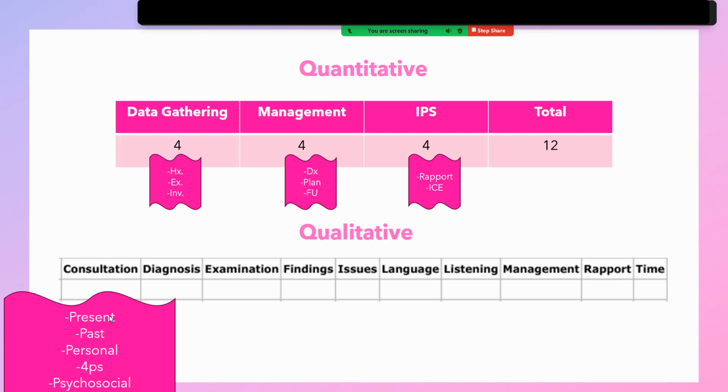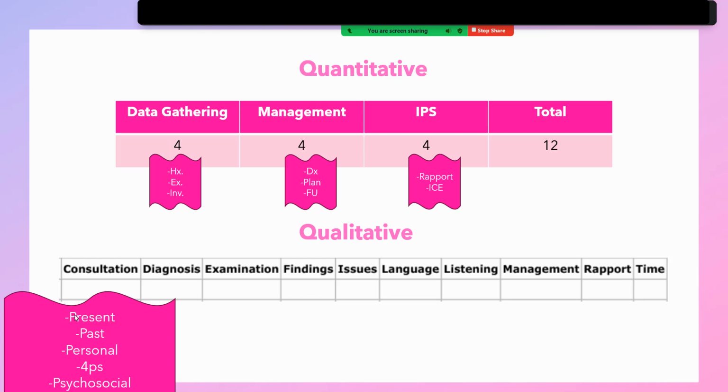If you manage to go smoothly from the present history to the past history to personal to 4Ps to psychosocial without any hesitation, you will have a jointed, organized consultation.